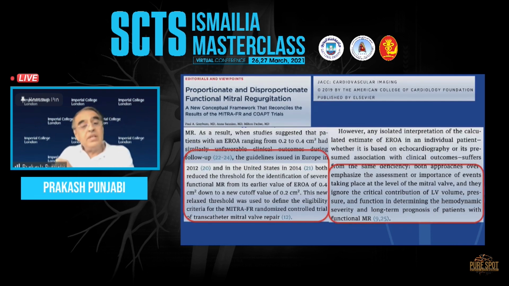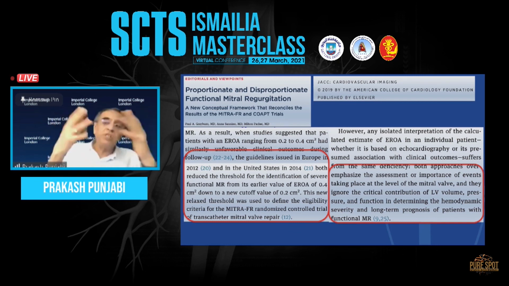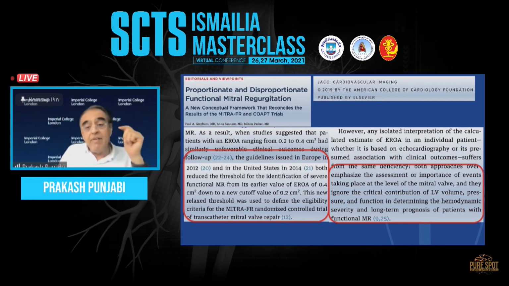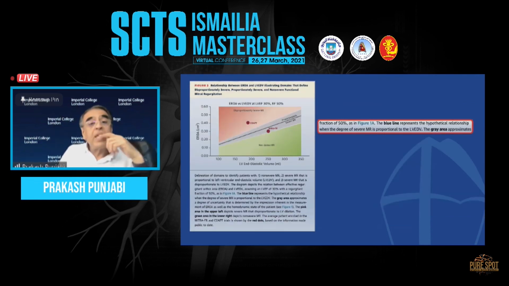That cannot be disregarded. And then they said the reason for the MITRA-FR and COAPT trial difference, Milton Packer is a visiting professor at the Imperial College, and we had a lot of email chat, and then we sat down to discuss, and this is the outcome, which tried to differentiate the evaluation on the basis of ERO in the two trials.